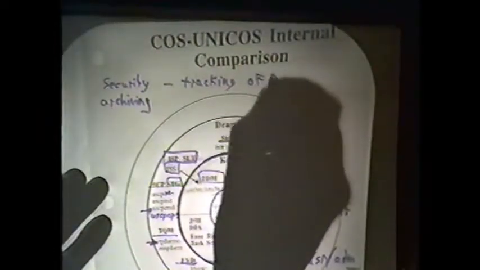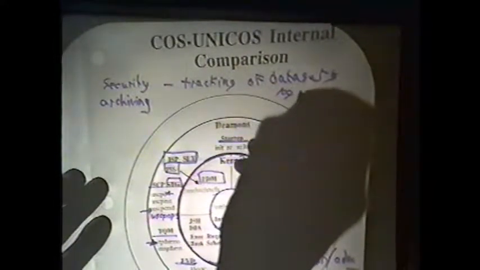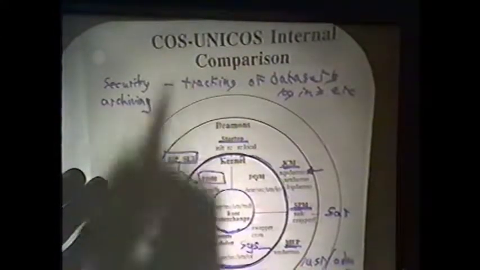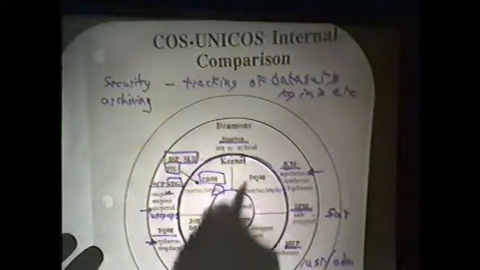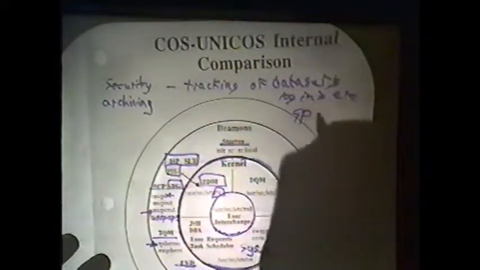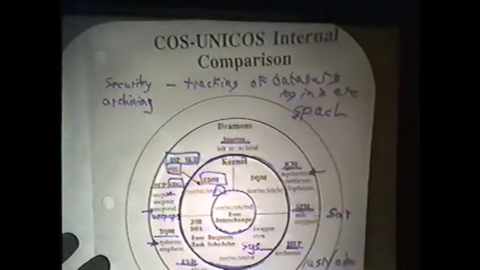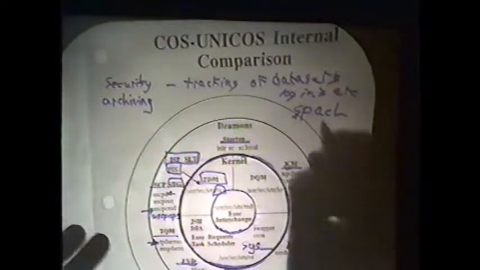UNICOS 5.0 has a security feature implementation that does allow tracking of data sets, logins, etc. And that security feature is spread out throughout the system. Some of it is within FS, and some of it is within some SP commands, such as SPACL, which maintains an access control list to get to a data set.